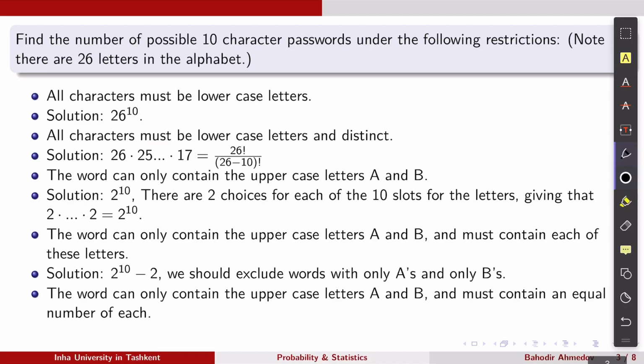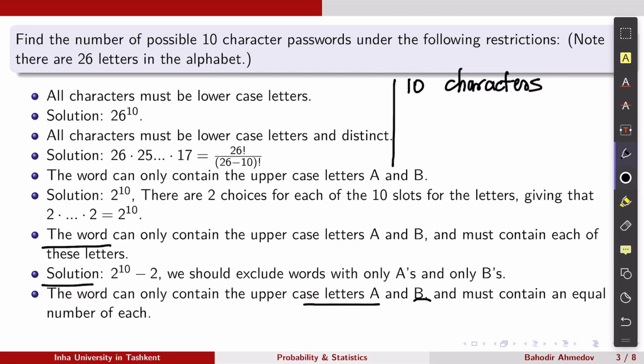So the word can contain the uppercase letters A and B and must contain an equal number of each. It means that if your password has, so let me show the solution here, the password should contain 10 characters. In all of these problems, for example here, it wasn't restricted how many A's or how many B's we need to have in a password, right?